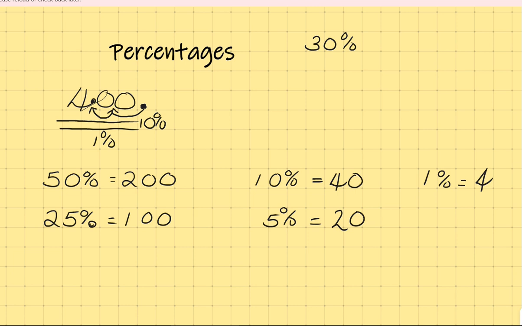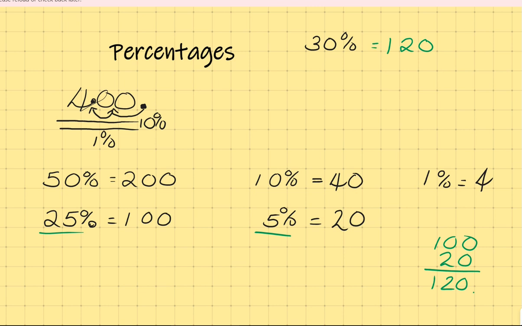So I'm just going to show you a few different methods. Now, some of you will think, right, 25% add 5%. So you've got your 100 and your 20. That'll give you 120, right? That's 30%. So we write 120 up here.